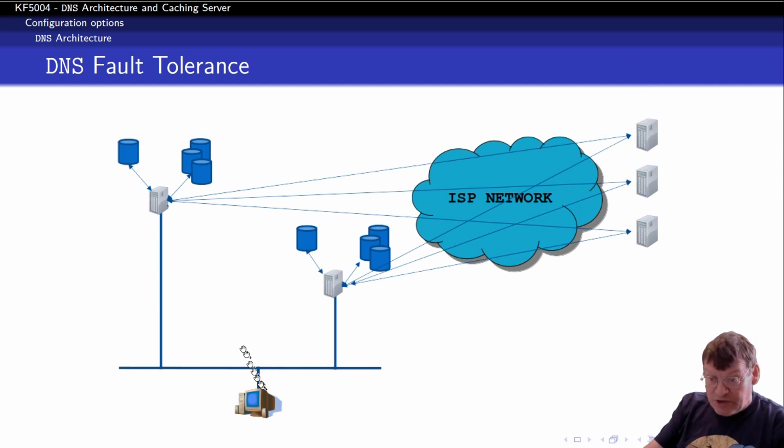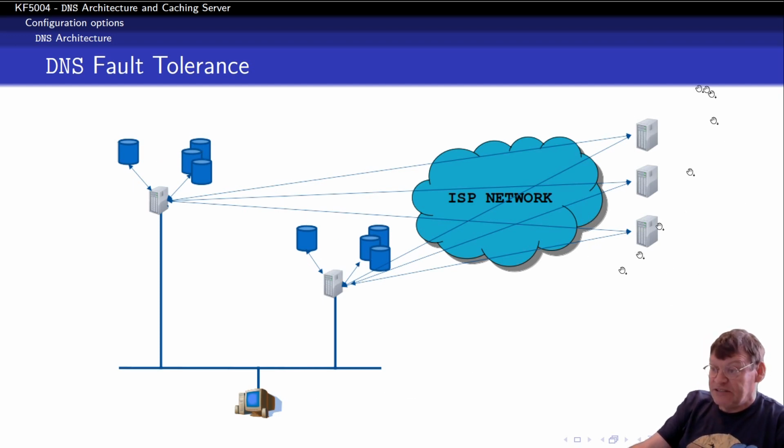So if a query comes from the client to this machine, goes to the outside world and gets a result, it will store it. Likewise, if we communicate with this secondary server, this can do the same. If this gets a query it can't answer from its local databases, it can go off and get a result. We've got multiple secondary servers, so if any of these go down, we can always cascade to the other.